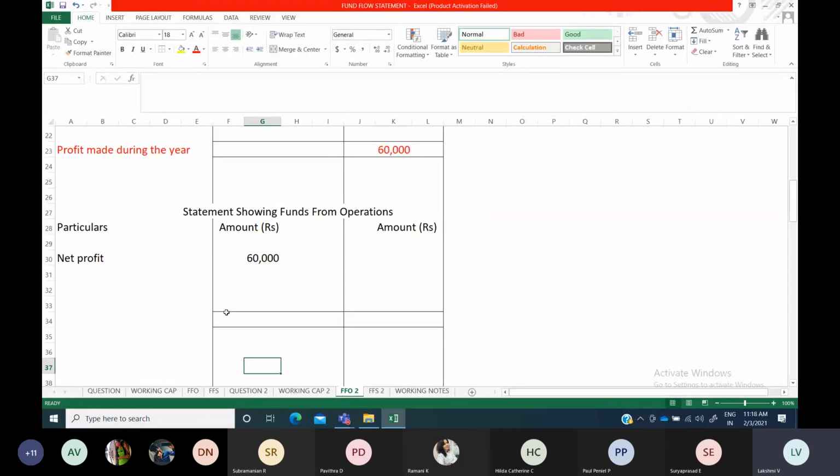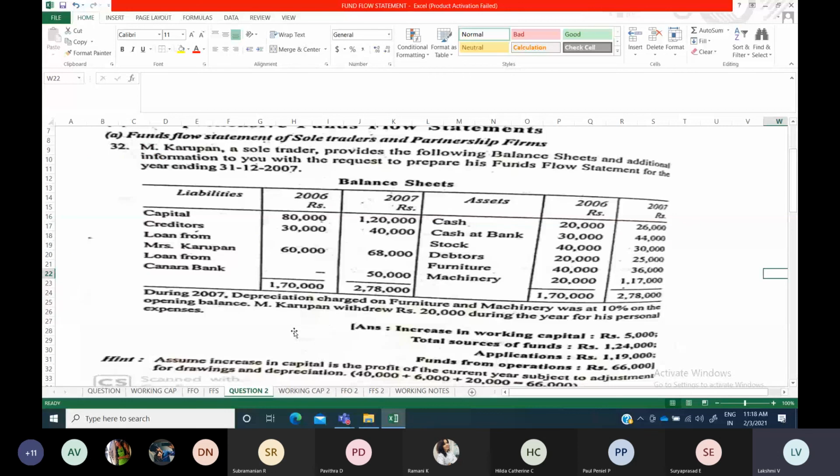Now moving to the other items, what all things will come, you just find out from the question. Usually how we prepare the adjusted P&L account, in the same manner the statement method also. All the items you took on the debit side, like depreciation, transfer to general reserve, goodwill, and loss on sale of fixed asset, all those items whatever you have shown on the debit side, you add.